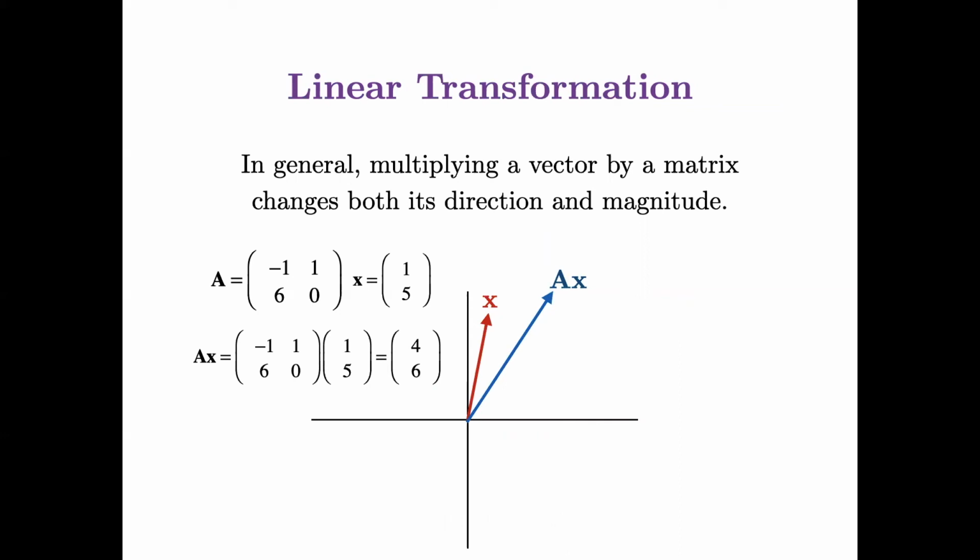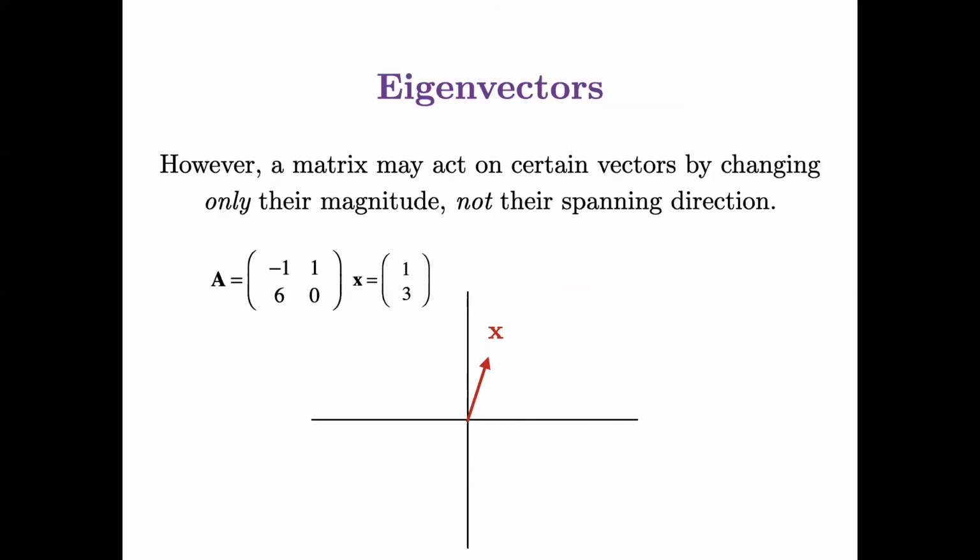It was transformed by multiplication by A. Now, for all square matrices, you can have special vectors where multiplying that vector by that matrix will change only its magnitude and not its spanning direction.